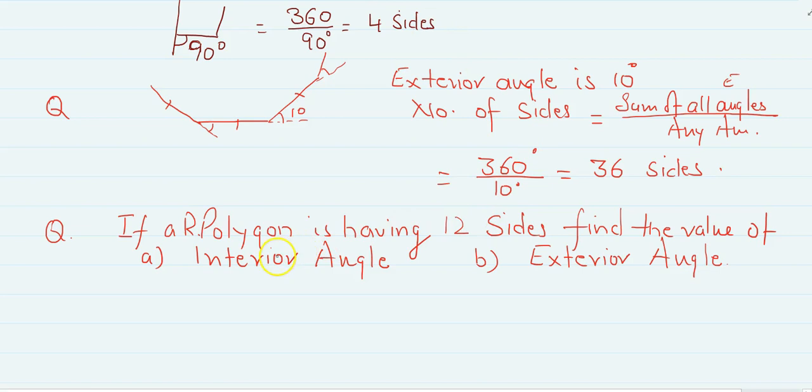Now we have to find the value of an interior angle and the exterior angle of a regular polygon having 12 sides. Now we have 12 sides.